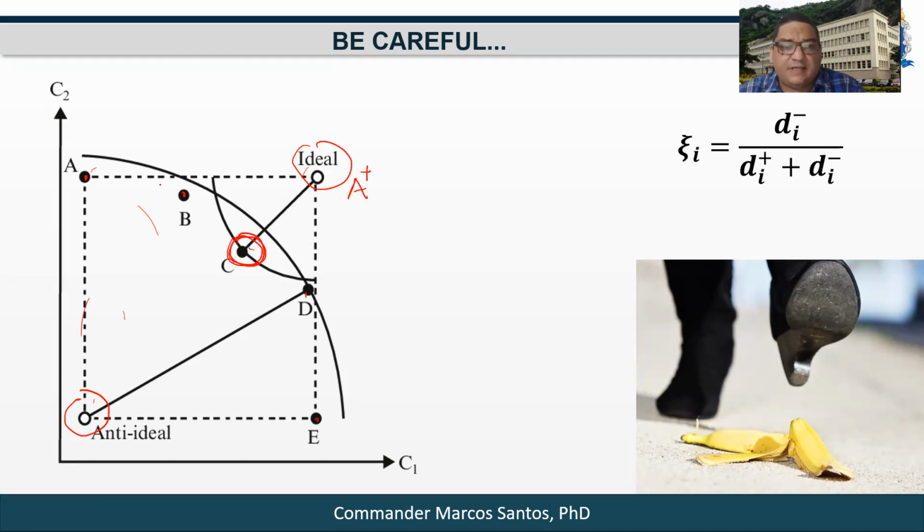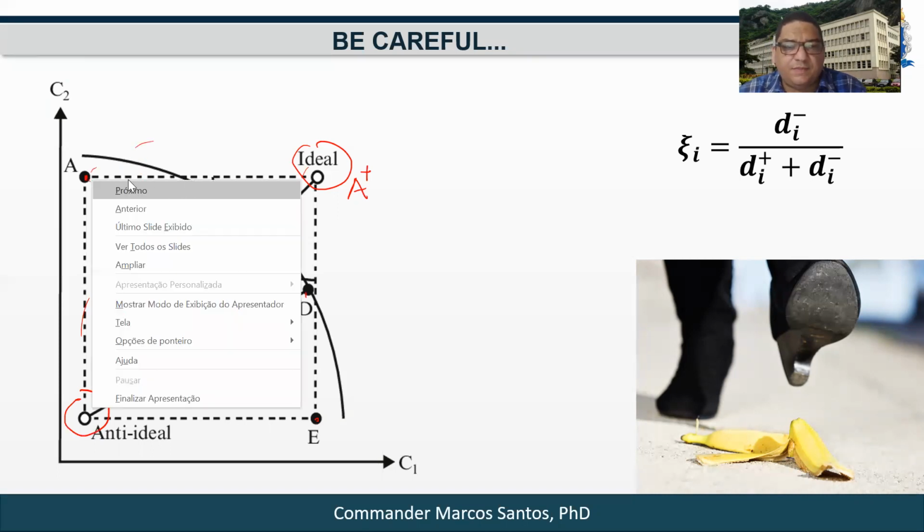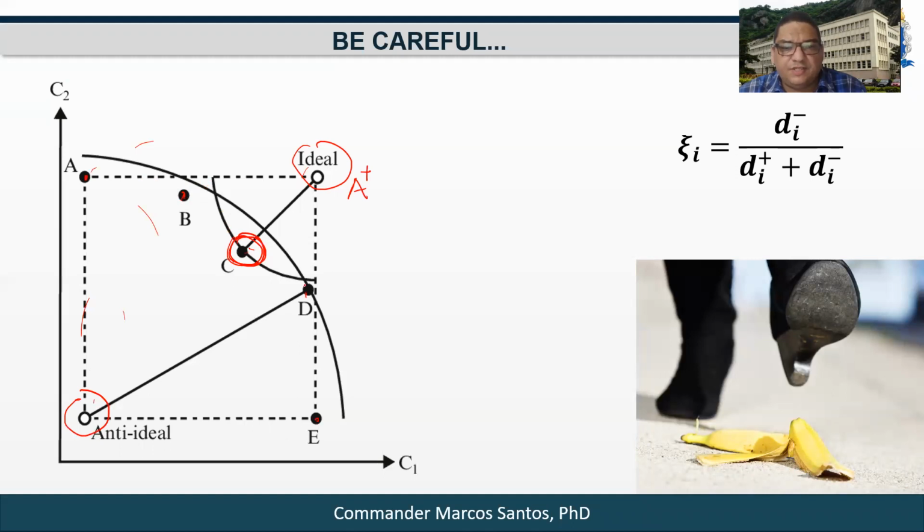So if I look at the alternatives A, B, C, D, and E, the farthest alternative is D. So if I think about the ideal solution, the best alternative is C. But if I look at the negative ideal solution, the best alternative is D. And how can I find out the best alternative?